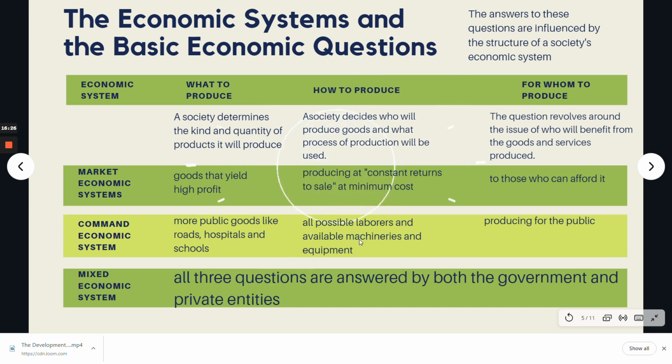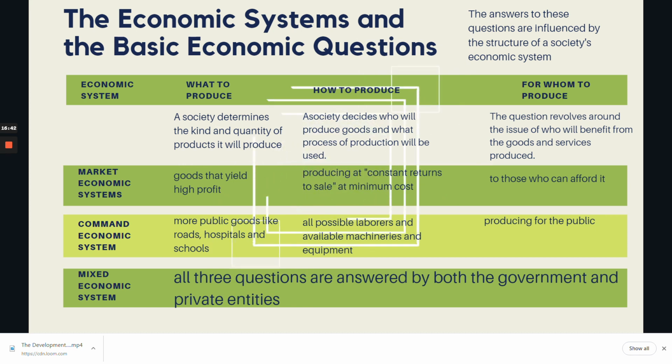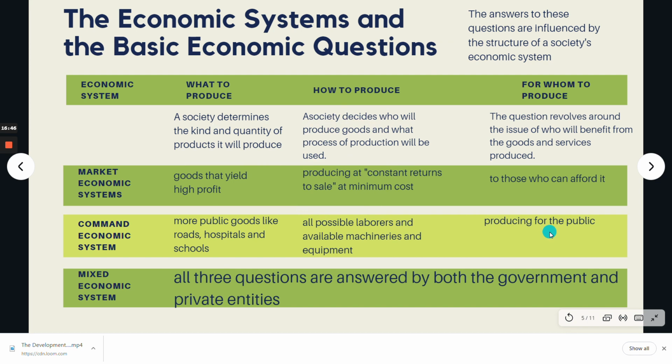So unsay available ana. Kay ang command economic system, usually ang government ang nagkontrol sa economy, no? Mura siya kana sa socialism or communism. For whom to produce? We will be producing for the public.